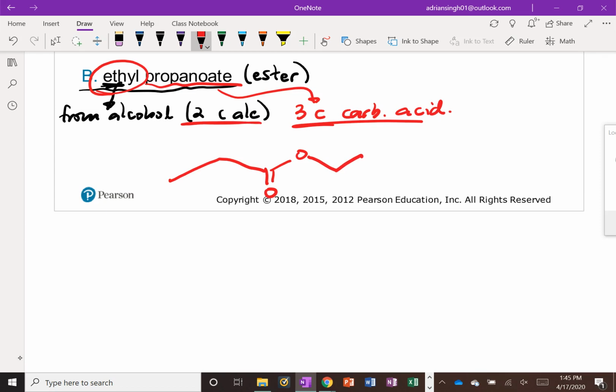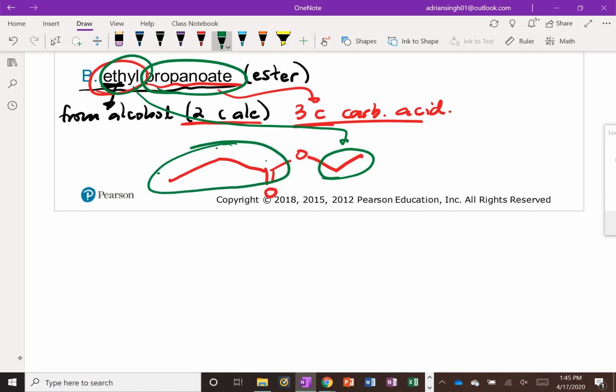And that's it. That's the structure for ethyl, right? And we can confirm this: ethyl, 2 carbons, 1, 2. Propanoate, 3 carbons, 1, 2, 3. All right, and then your ester bond here, the actual bond that makes it an ester, is that one.